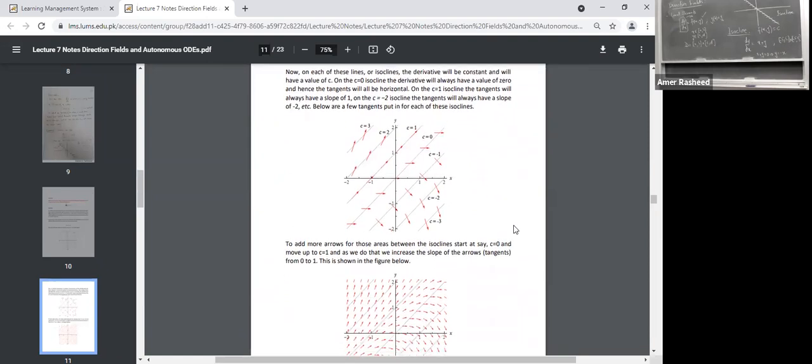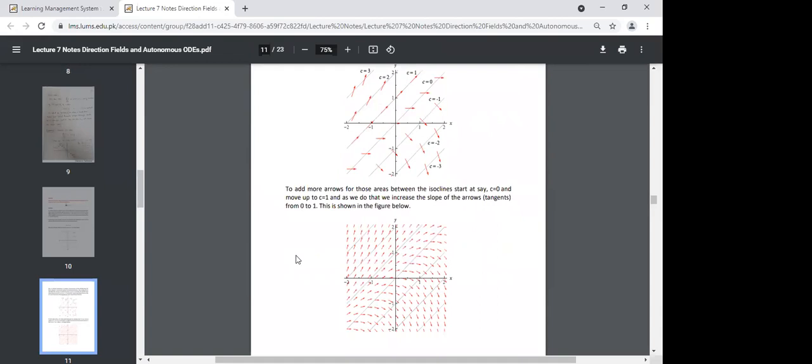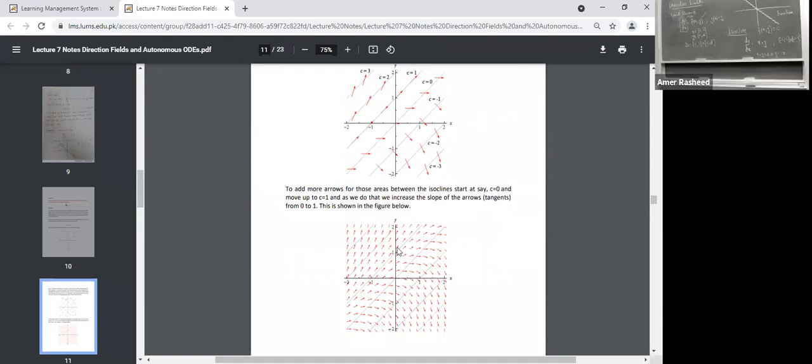And then in the picture below, you can see some dense lineal elements. They have chosen more. Can you hear me? Yes, we can. Now, in the picture below, you can see the lineal elements and their pattern.